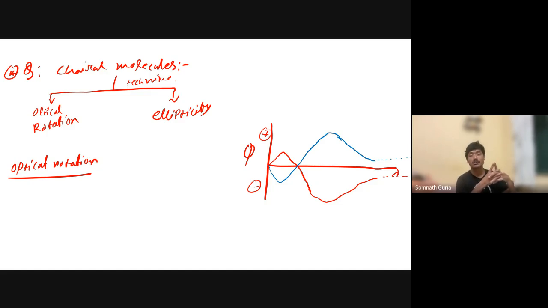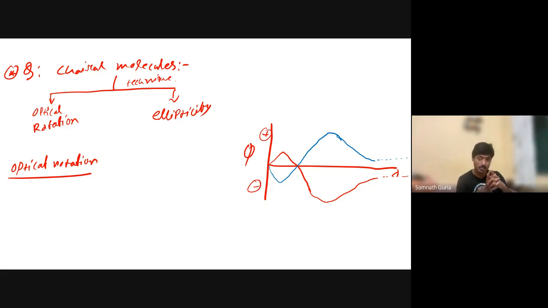We took the D glucose and try to find out through optical rotation whether it is D glucose or L glucose. As we know, D glucose should rotate the light in a clockwise manner, and L glucose in an anti-clockwise manner. But there is one certain criterion: we have to provide the wavelength.